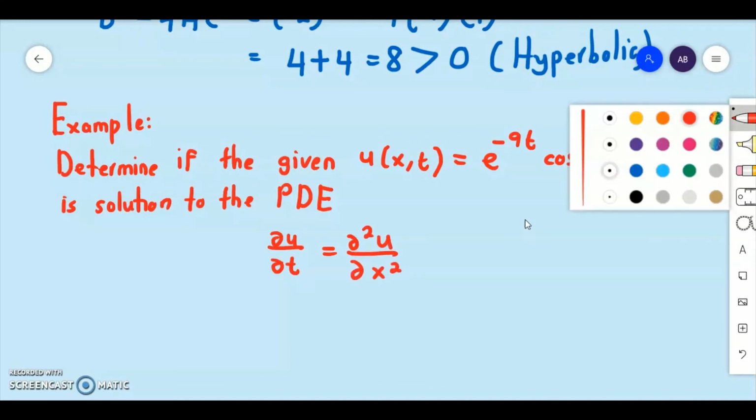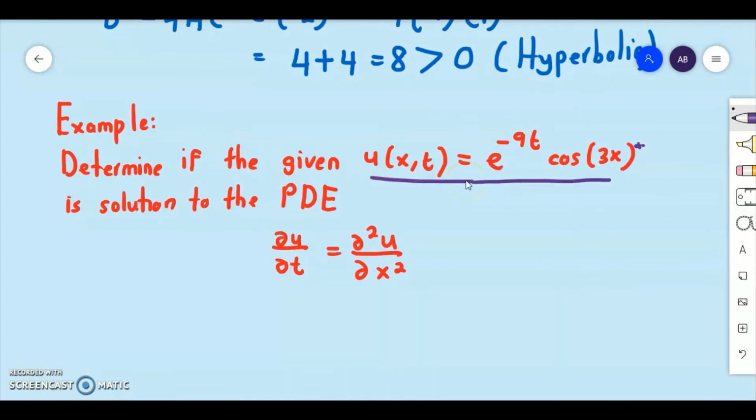So that's the question. Now this can also be a common question in PDE: how to determine whether your given u function here is the solution to this given PDE, which I can also write as ut equals uxx.